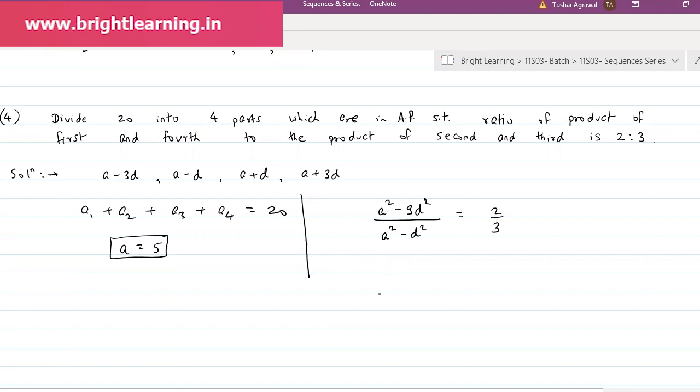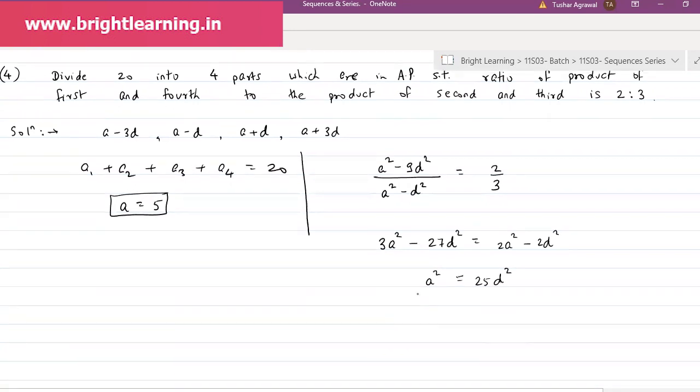First we simplify by cross multiplication: 3a square minus 27d square is equal to twice a square minus 2d square. So it becomes a square equal to 25d square. If you substitute a square equal to 25, this comes out to be 25d square. So d square equal to 1, so d is equal to plus or minus 1.